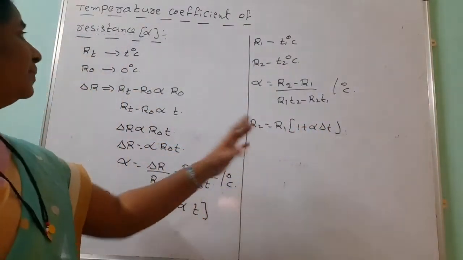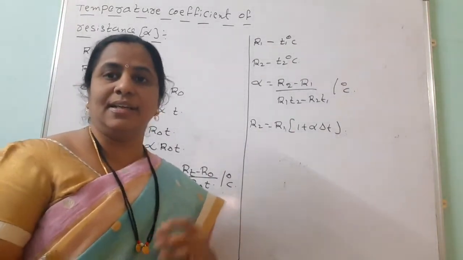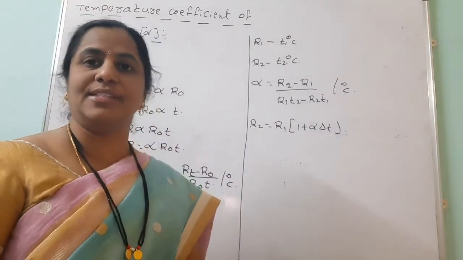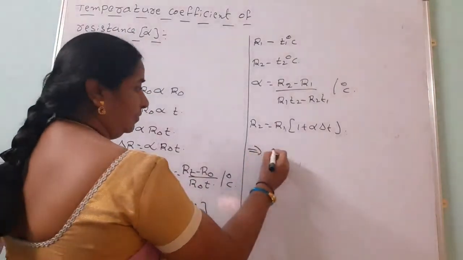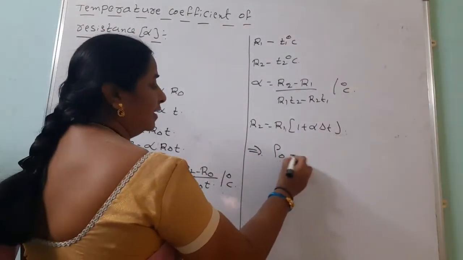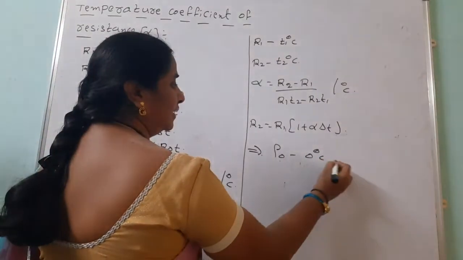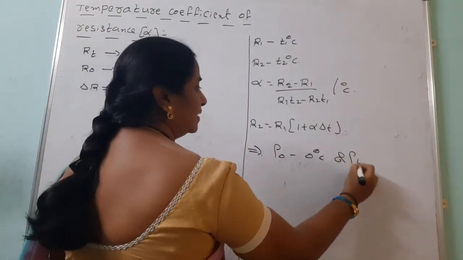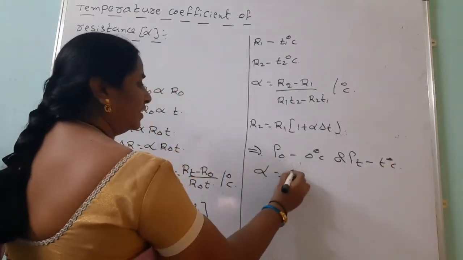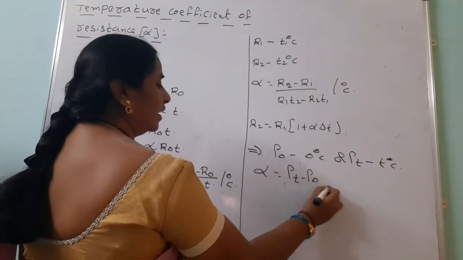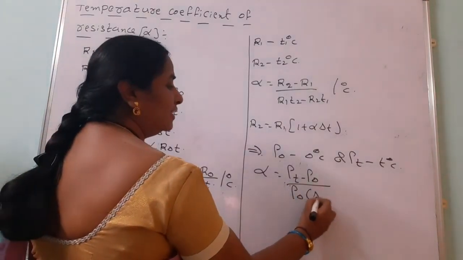Like the temperature coefficient of resistance, we can also write this alpha value for resistivity. Suppose rho naught is the resistivity at 0 degree centigrade and rho T is the resistivity at T degree centigrade. Here alpha equals rho T minus rho naught by rho naught into change in temperature.